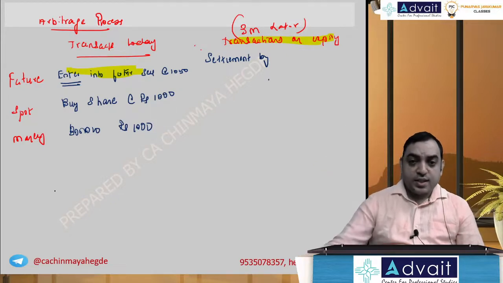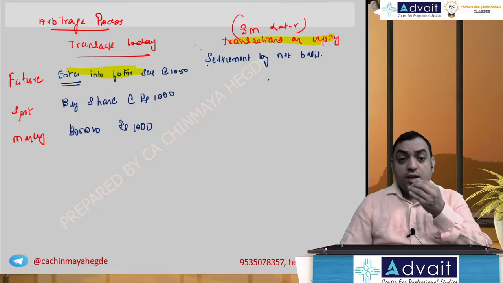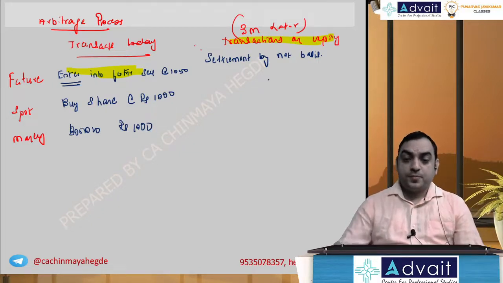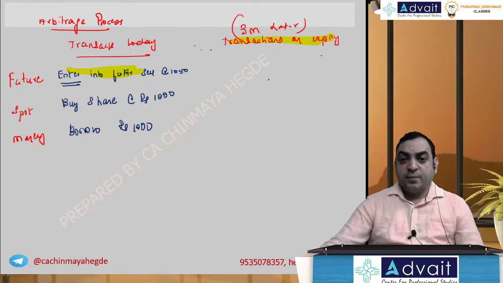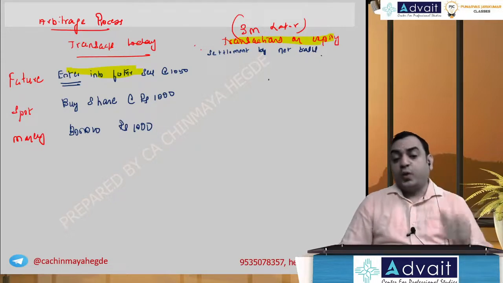Okay, settlement by net basis or square off basis. Now here, even the market price is going to play a role. Settlement by net basis means square off.